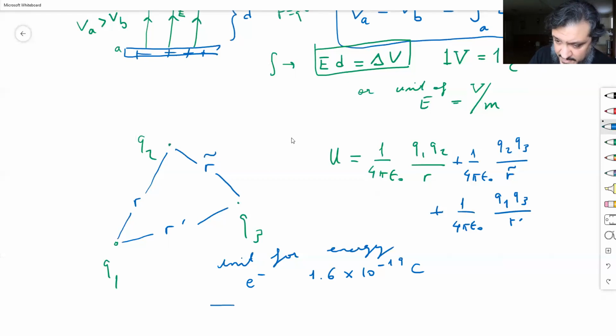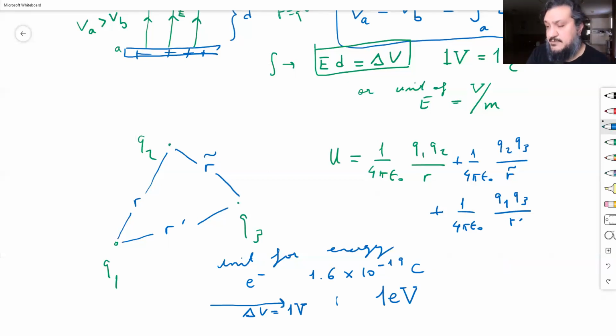So you move it from A to B, but the difference is equal to 1 volt. This energy, this work, or this change in potential energy, is called 1 electron volt.